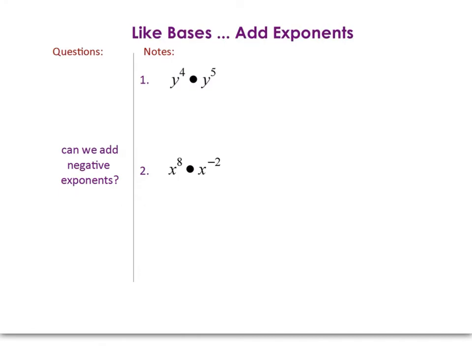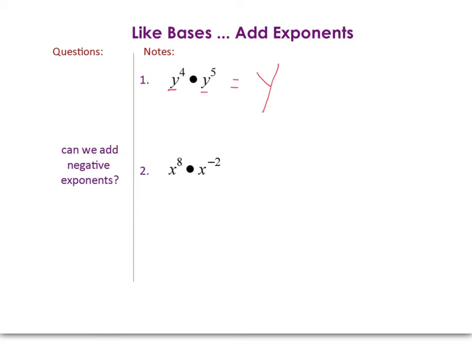So here are some examples. In both of these examples, you can't just use your calculator to get the right answer. Y to the fourth times y to the fifth, well, y is the same base, so your answer is going to be y raised to some power.